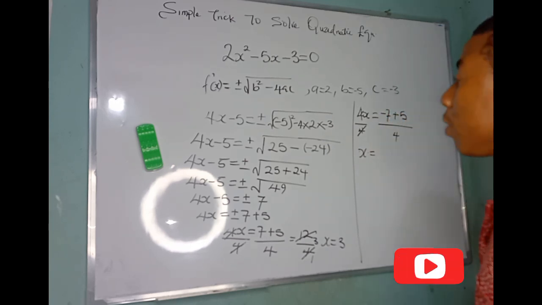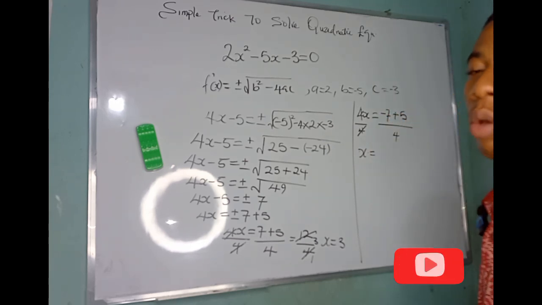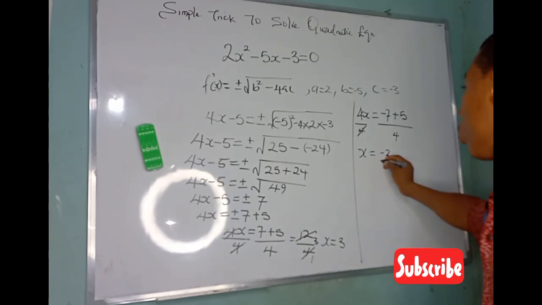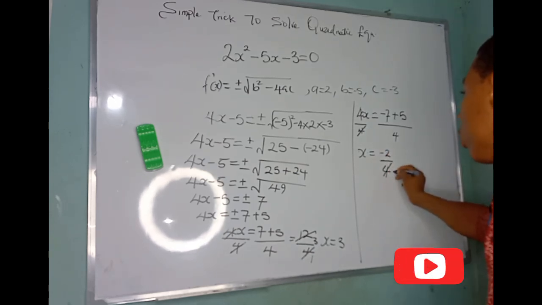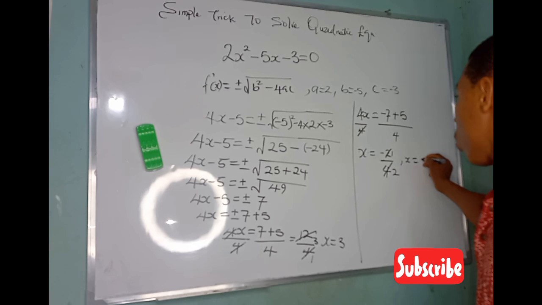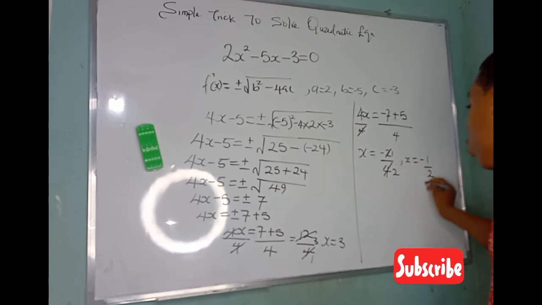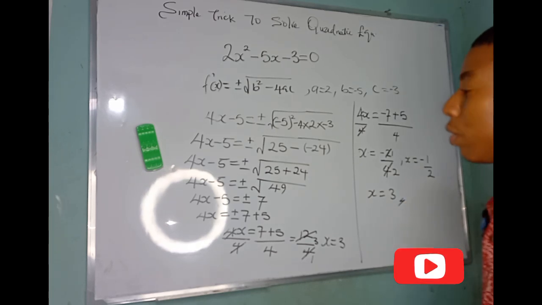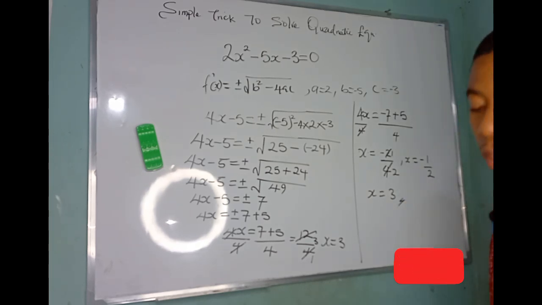What is minus 7 plus 5? Let me borrow 7 things and come and pay you 5 things. What is remaining is minus 2 over 4. Dividing through by 2, x equals minus 1 over 2, and the other x equals 3. Very, very interesting and very simple.